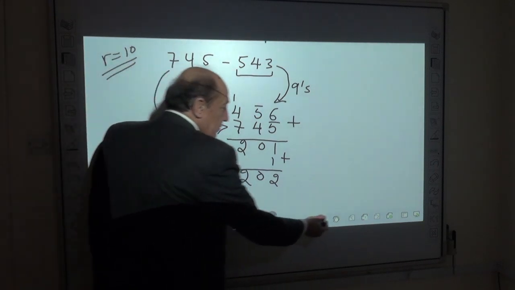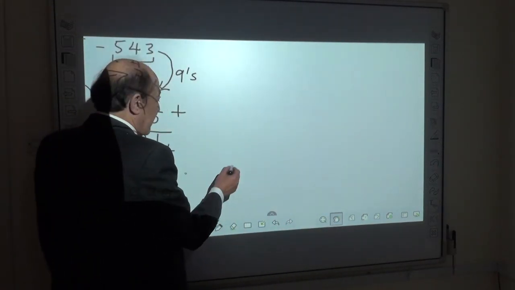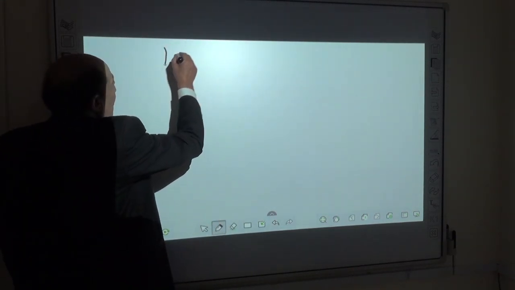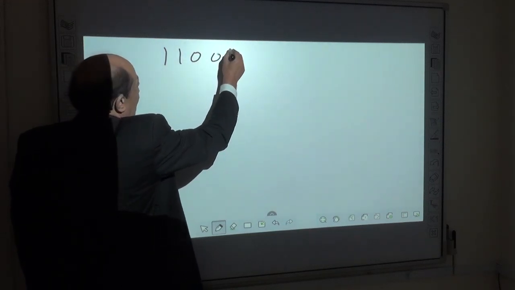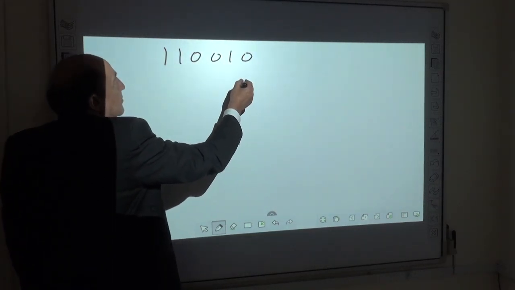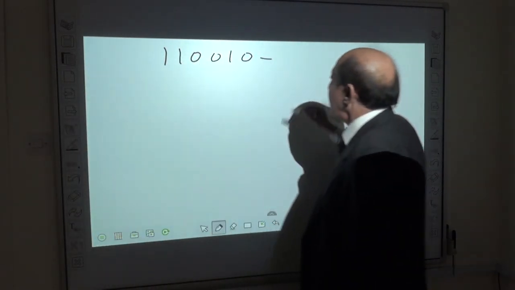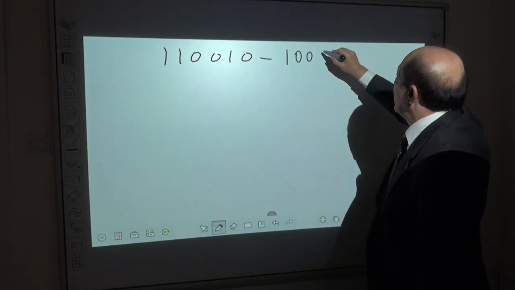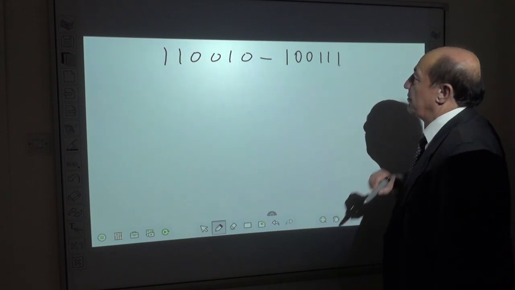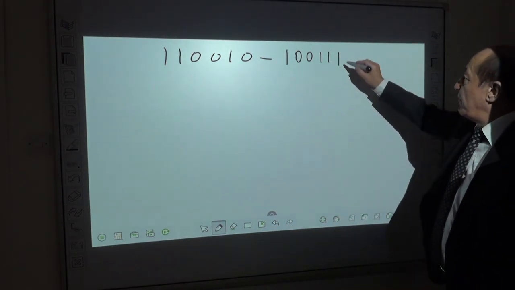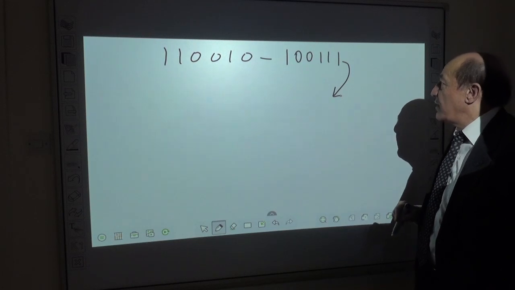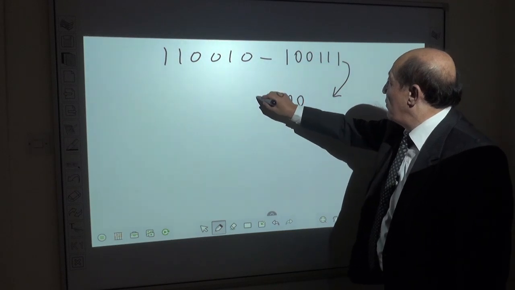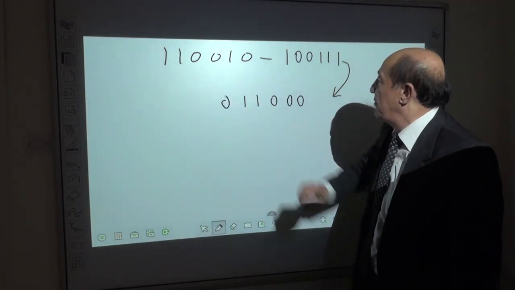In binary, the same thing, or in any numbering system. For example, if we have two numbers 110010 minus 100111. First, we obtain the ones complement 011000.